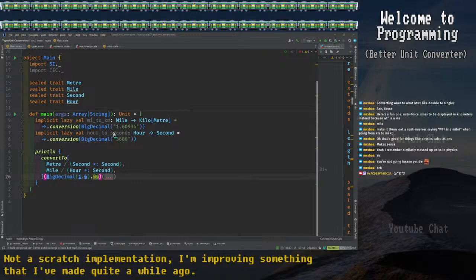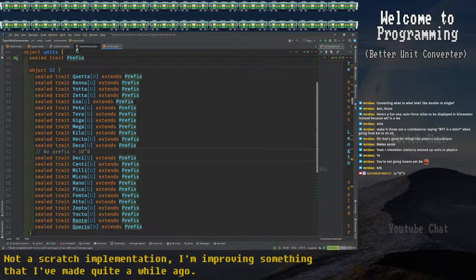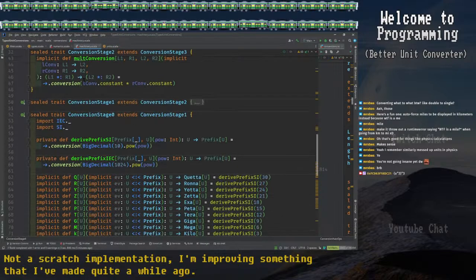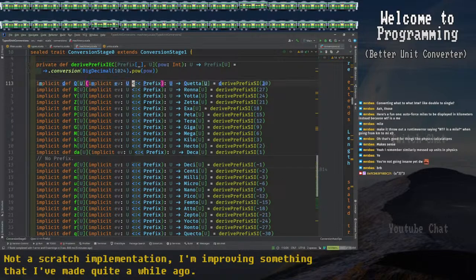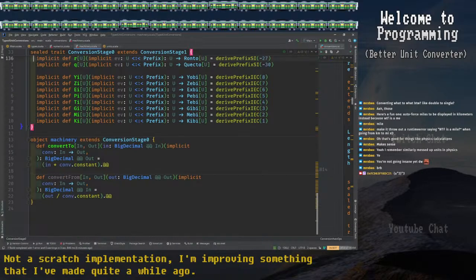Surely it finds K. Really? Oh, did I use the wrong one? No. Oh god, I used the wrong one. I am a little bit dumb. Just a tiny bit. Oh god.